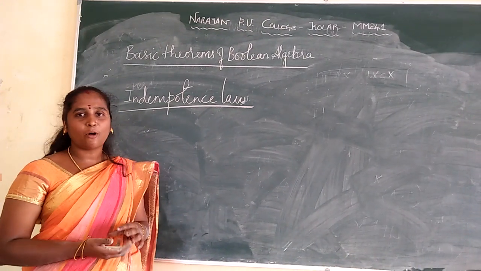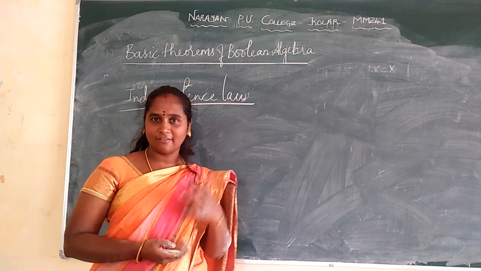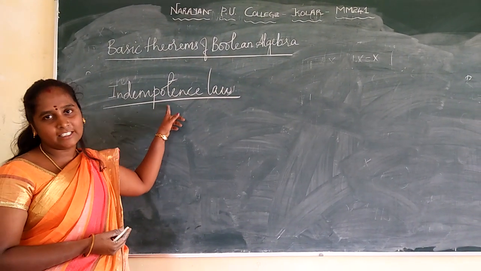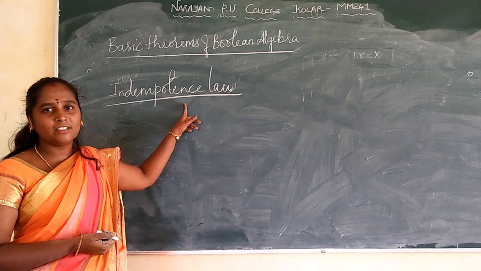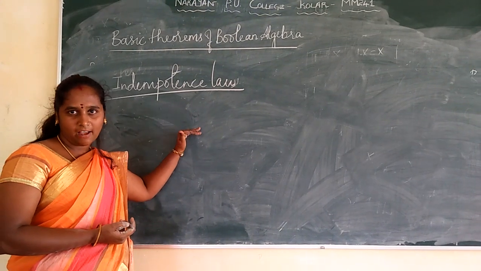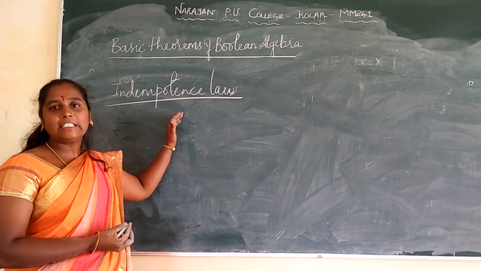So we have seen all four properties of zeros and ones. Next are your laws. The first one is the idempotence law. What is the statement of this law? When a variable is combined with itself using OR, the output is the same variable.